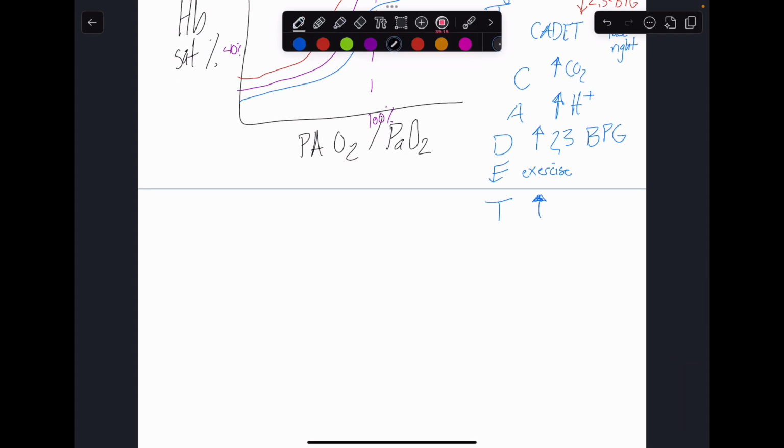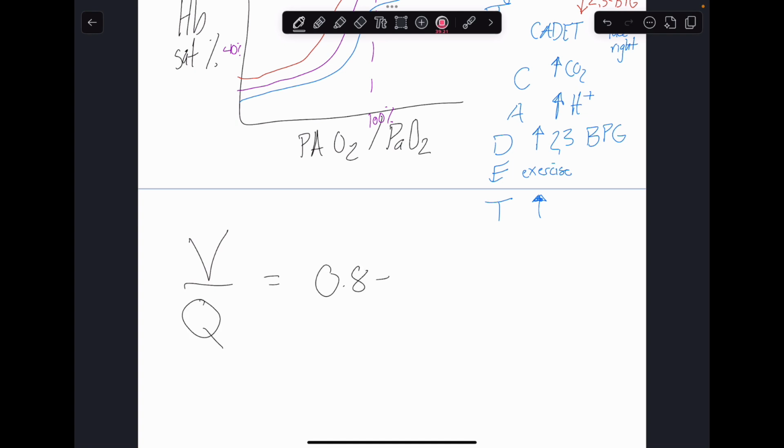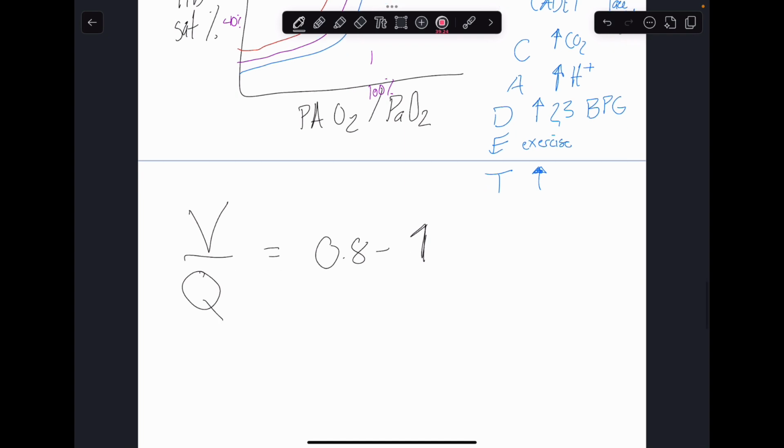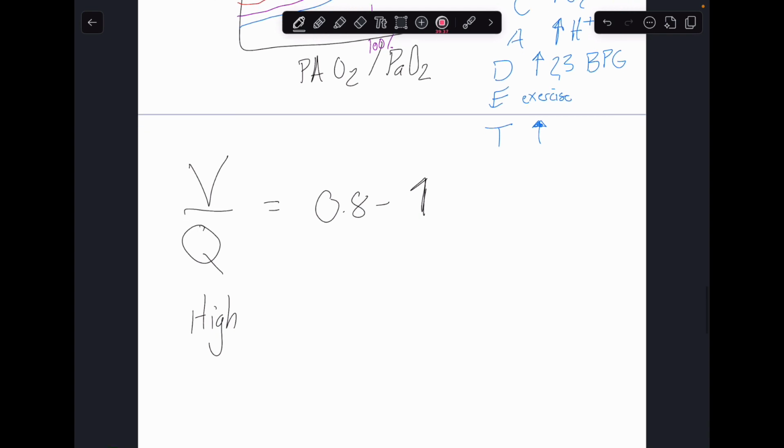What I said we were going to talk about earlier is 0.8 to 1, these V/Q intervals. So V over Q. If you have high V over Q, Q is our perfusion of the lungs.